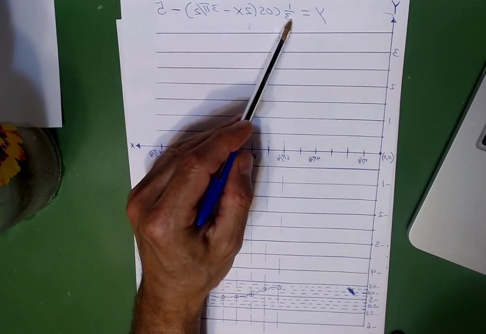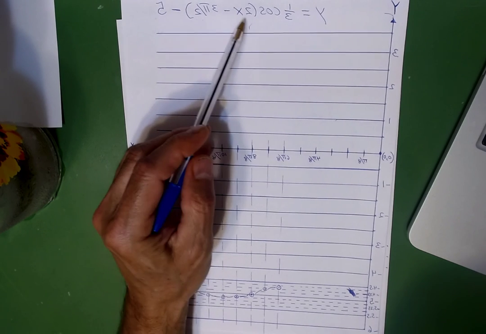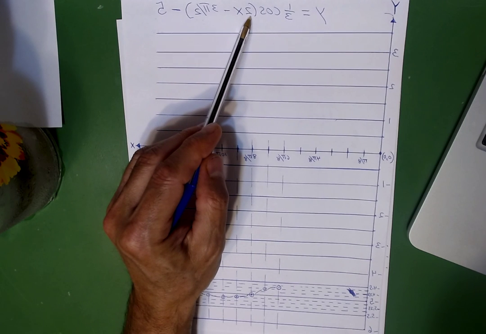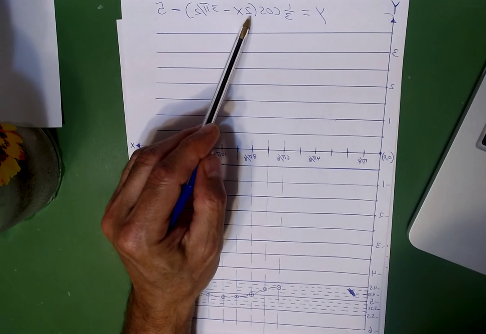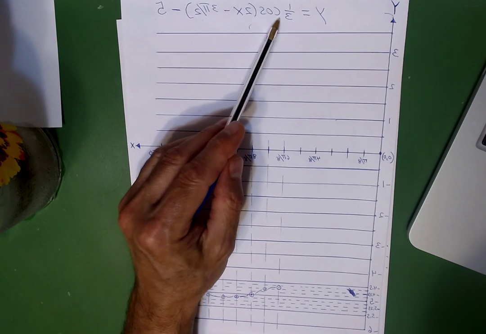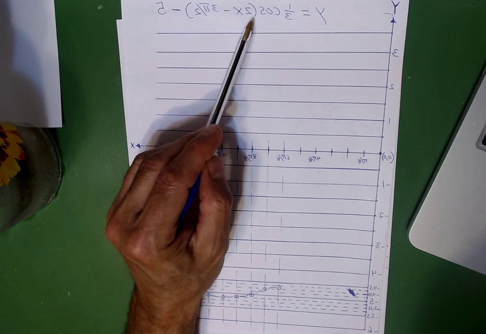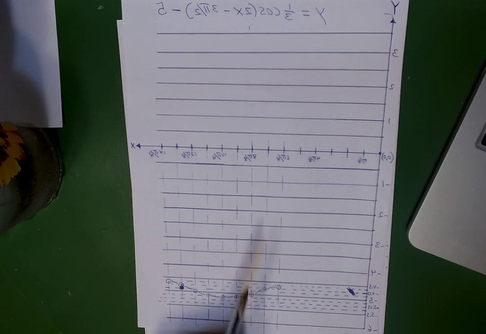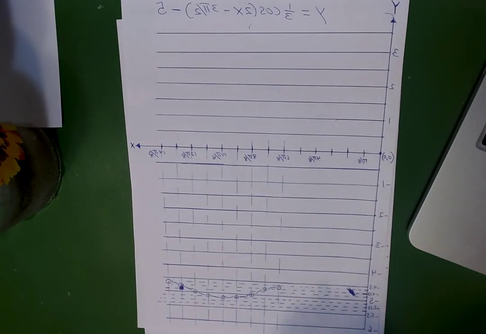This compresses the height. This compresses the period by a factor of 2, where it cuts it in half, okay? So the original period of a cosine function is 2 pi, but the period of this function is pi in terms of x, okay?